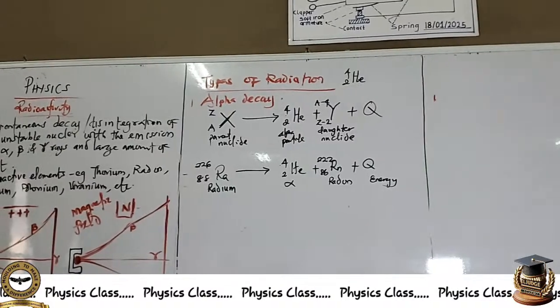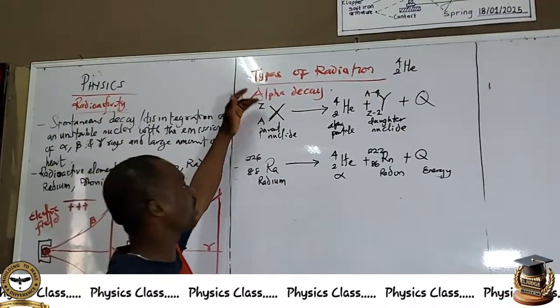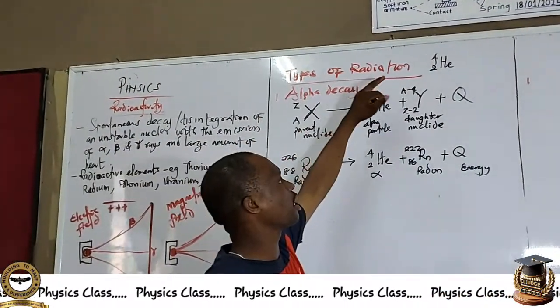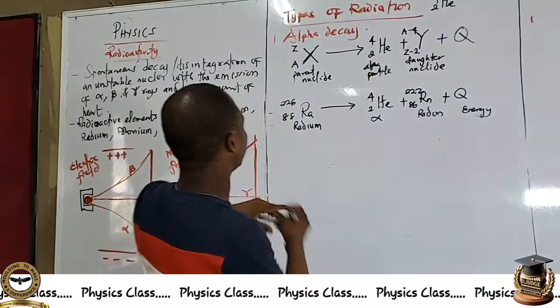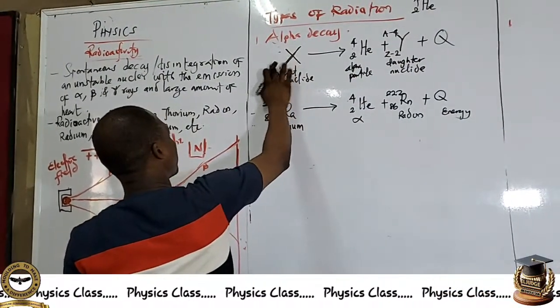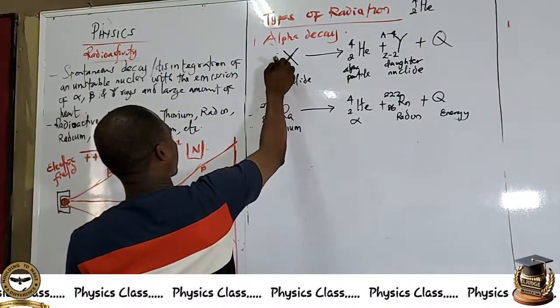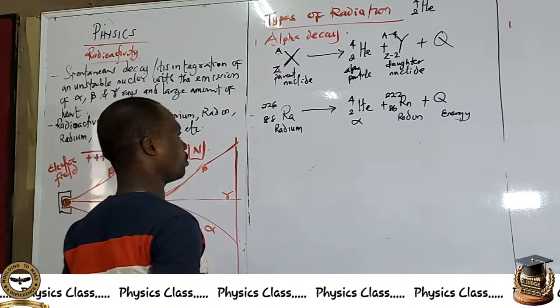So note that whenever you have your parent nuclide, just take away 4. Sorry, this is an error, it is Z that is here. I just saw that now.